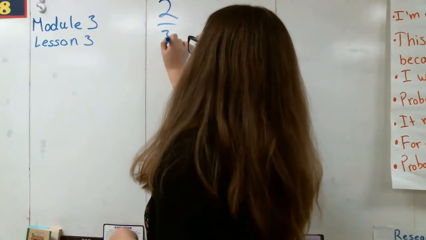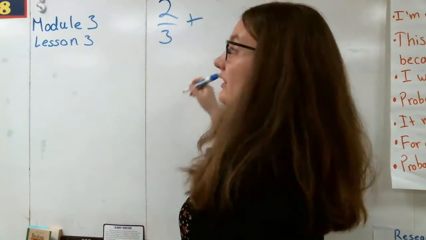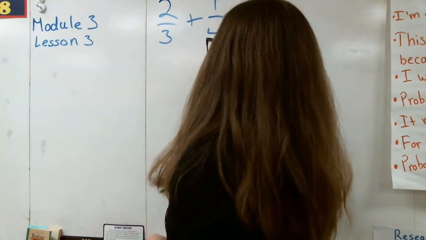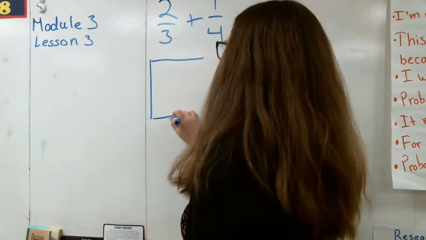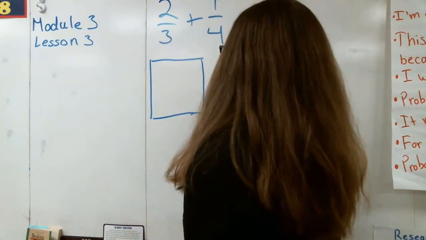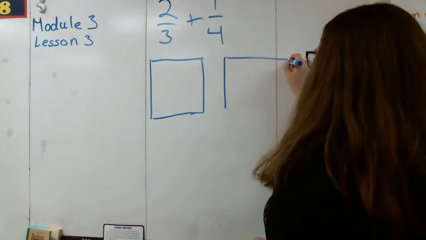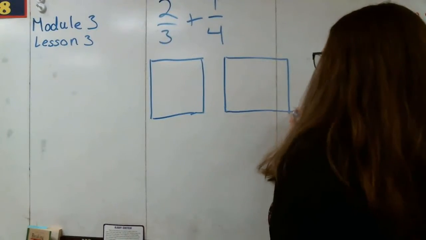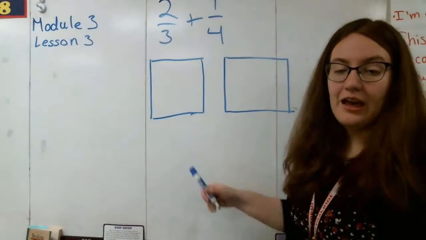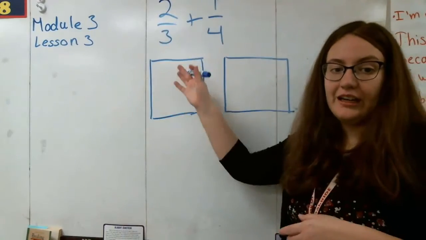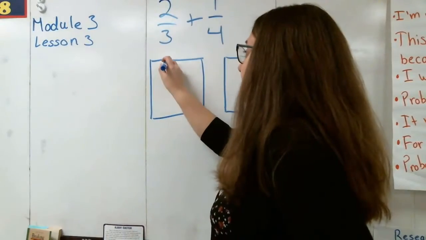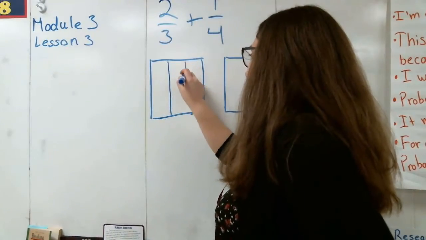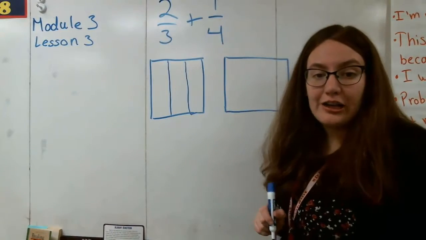So for this one, we have 2/3 now plus 1/4. So again, just like last time, I draw a model for each fraction. This first model, I'm going to split it vertically into thirds because that is my denominator. And then I take a look at my numerator.